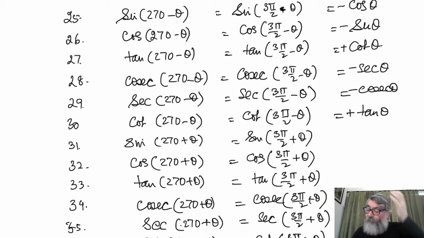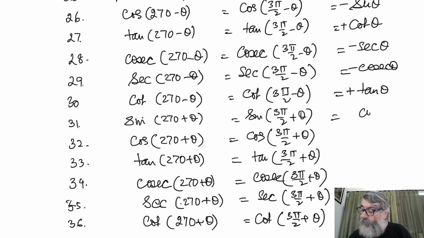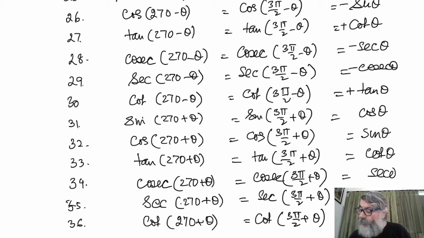First of all, signs will change. Sine will change into cos theta, cos will change into sine theta, tan will change into cot theta, cosec will change into sec theta, sec will change into cosec theta, and cot theta will change into tan theta.